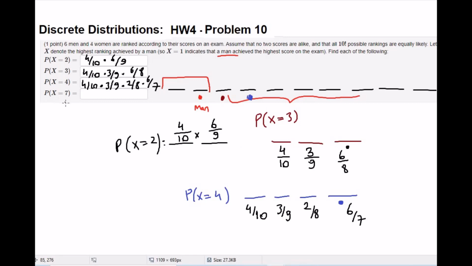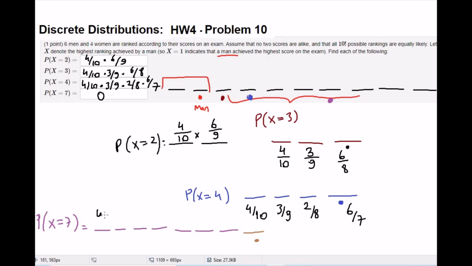For x equal to 7, our probability is 0. Let's show why. For that, what we care about is that the 7th coordinate has to be a man. For the probability that x is equal to 7, the first 6 coordinates have to be filled with women, and the 7th coordinate has to be filled with a man.